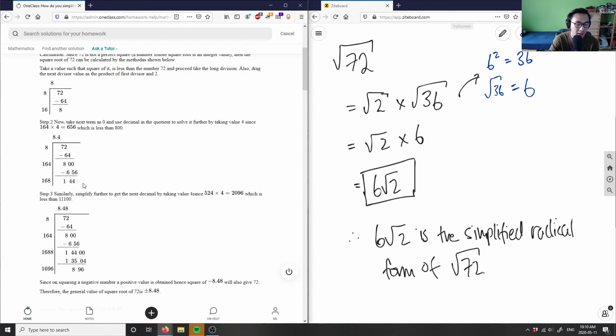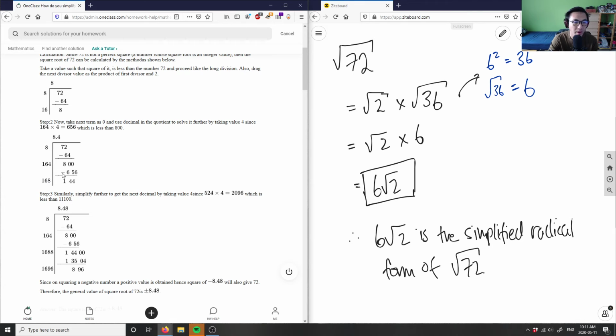Then again I add 2 zeros to the difference to get 14,400, and I'm thinking of a value to put in here. So it's 1681 times 1, 1682 times 2, and so on. And the closest value to 14,400 is indeed 1688 times 8, which would give you 13,504. And I subtract that to get 896, and you can keep doing this process till you get more decimal places.